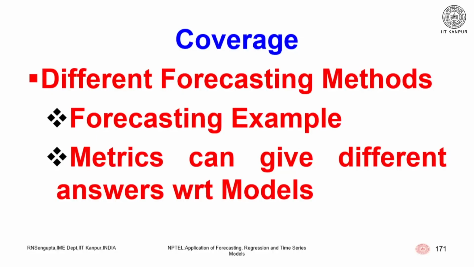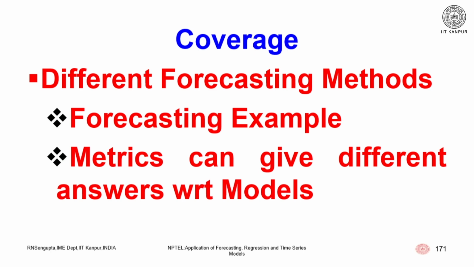In today's coverage, we will consider a very simple forecasting example. I am not going to go into detail. You may be asking why I am considering such a simple example now. It's just that I want to highlight how the comparison can be made for two different models. This is the main important task for today's lecture.